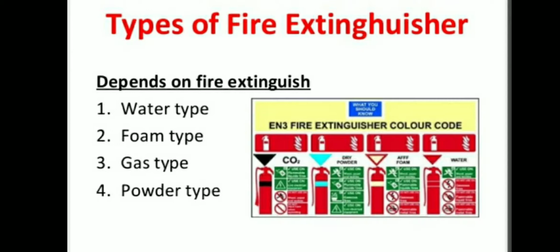Then the gas type is that cylinder with carbon dioxide filled in it, black color, generally used for electrical fires. We don't have to puncture anything, it is filled at high pressure. When we unscrew the nozzle as per our requirement, the CO2 comes out of that cylinder.